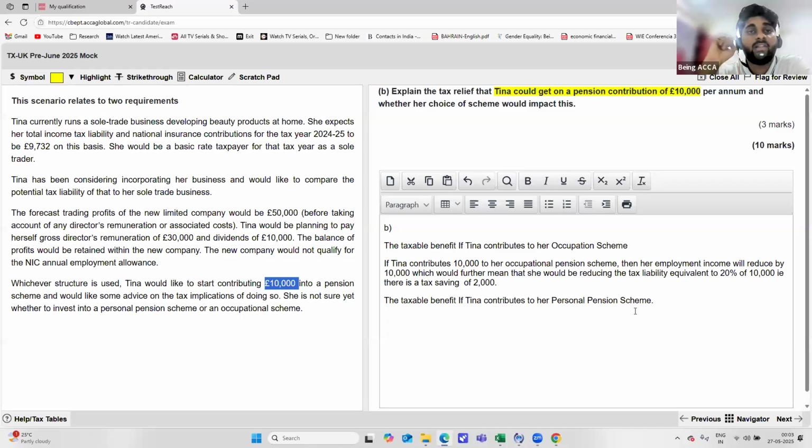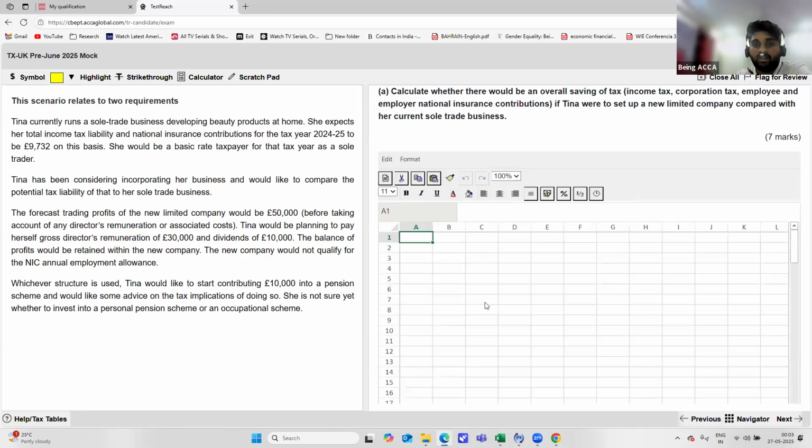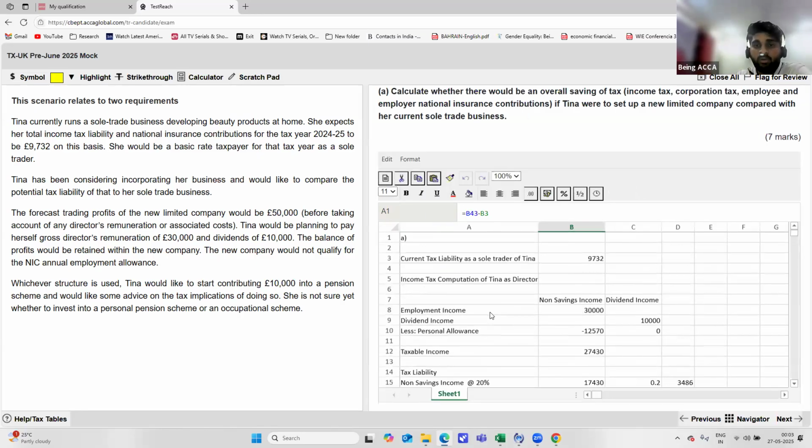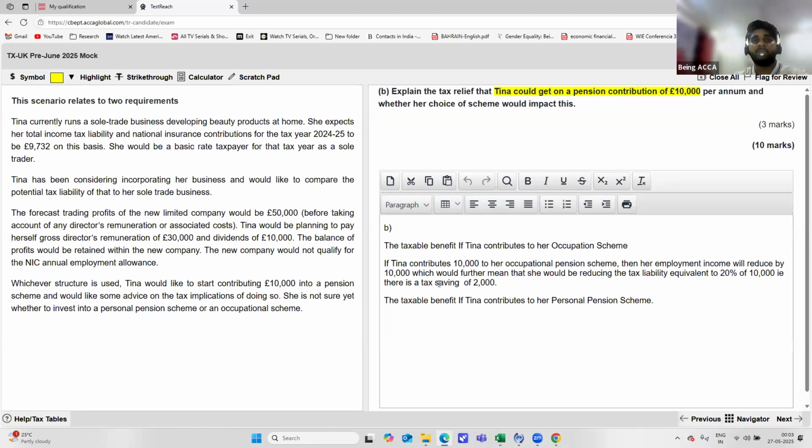But the additional thing that will happen is her basic rate band will increase from 37,700. But is that something useful for her? In the previous question, her employment income falls within the basic rate band. So there is no tax benefit for her from the basic rate band increasing. The only benefit she's getting is she has to pay only 8,000 instead of 10,000, a 2,000 saving.